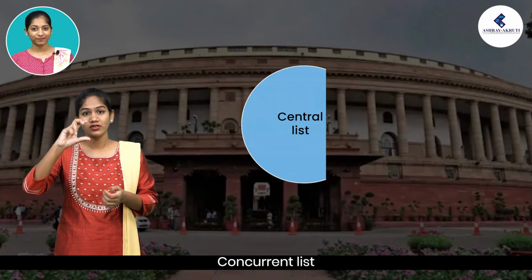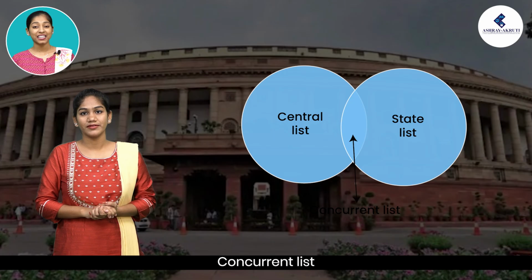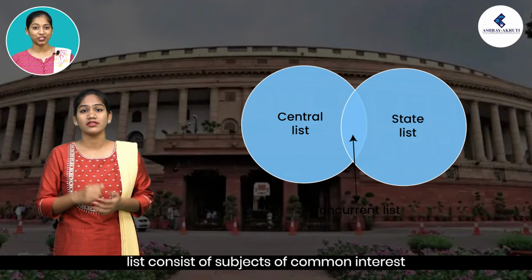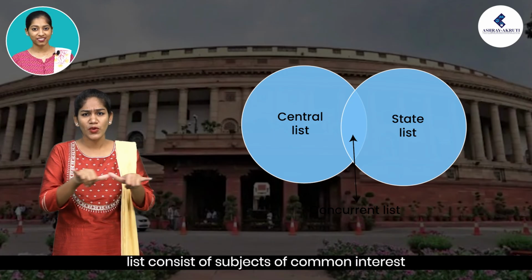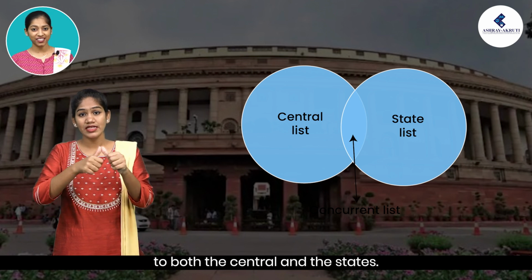Concurrent list: list consists of subjects of common interest to both the central and the states.